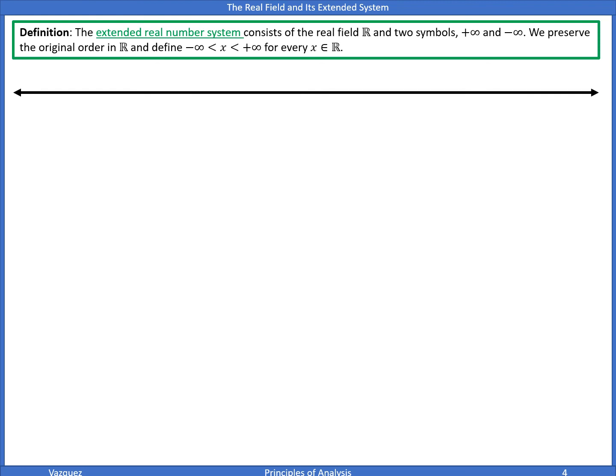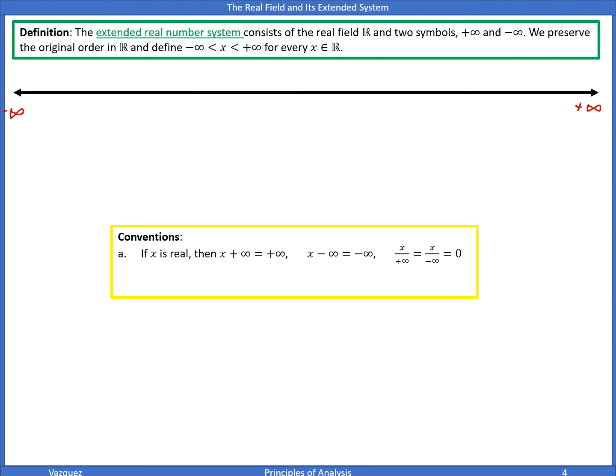So we have this number line here, positive infinity is on the right side, negative infinity on the left, and we have the real line. If x is real, then if we add positive infinity to it, it just equals positive infinity.